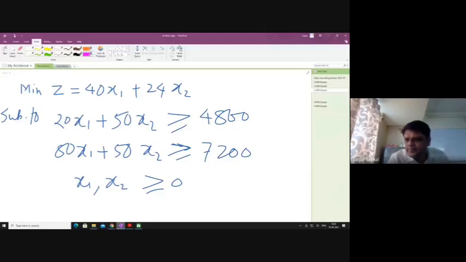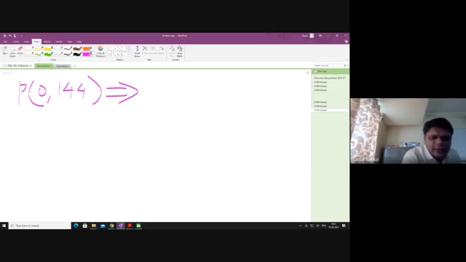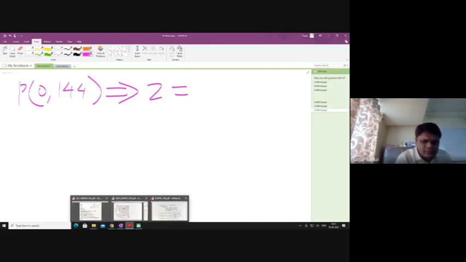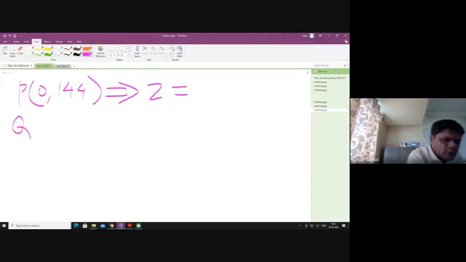What is P? P point किती येतोय? 0,144. What will be the objective function value for this point? Can you tell me? Then there is one more point Q. Tell me the coordinates for this.